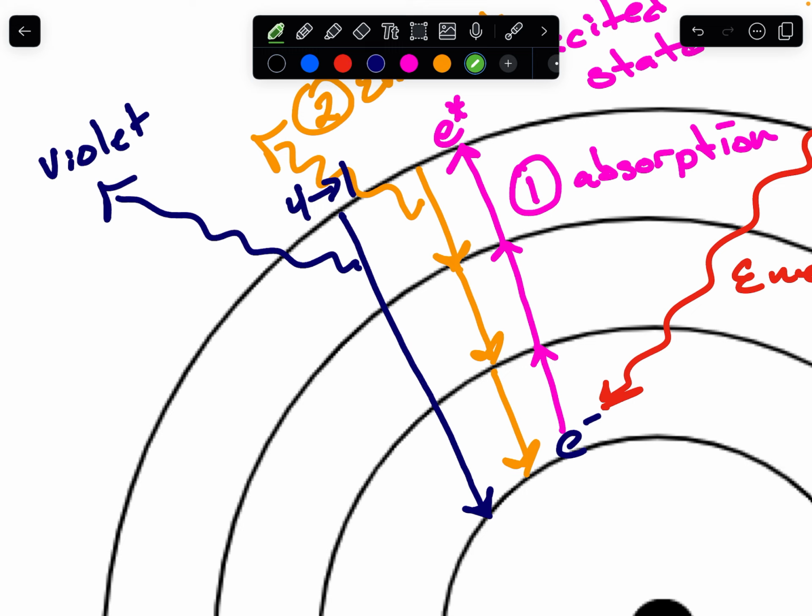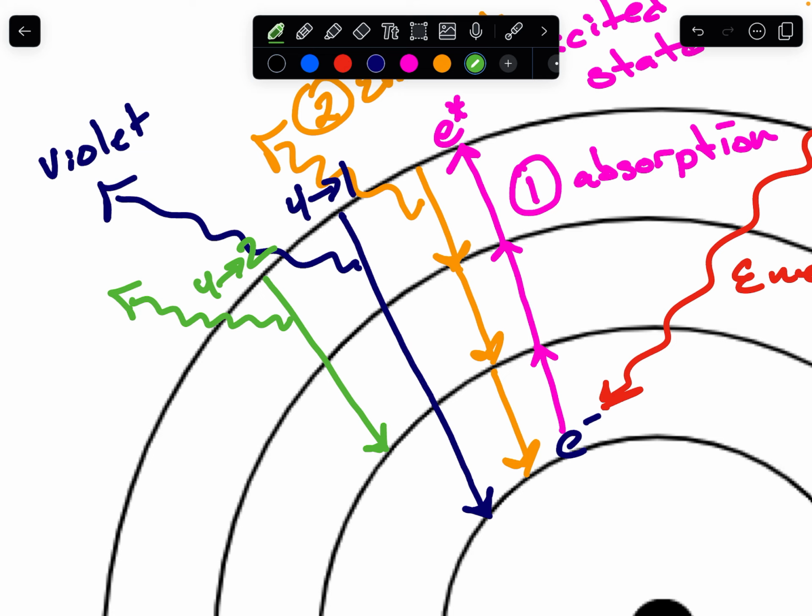Okay, if instead I drop only part way. Okay, let's say I do this transition from 4, but I only go down to 2. Okay, I'm still dropping a decent amount of energy, but not as much as my 4 to 1. Okay, so I'm releasing less energy.